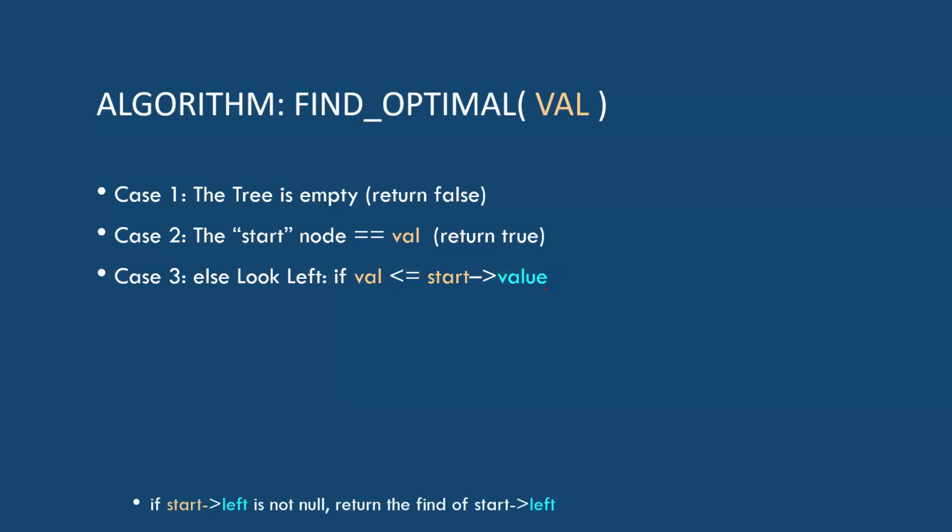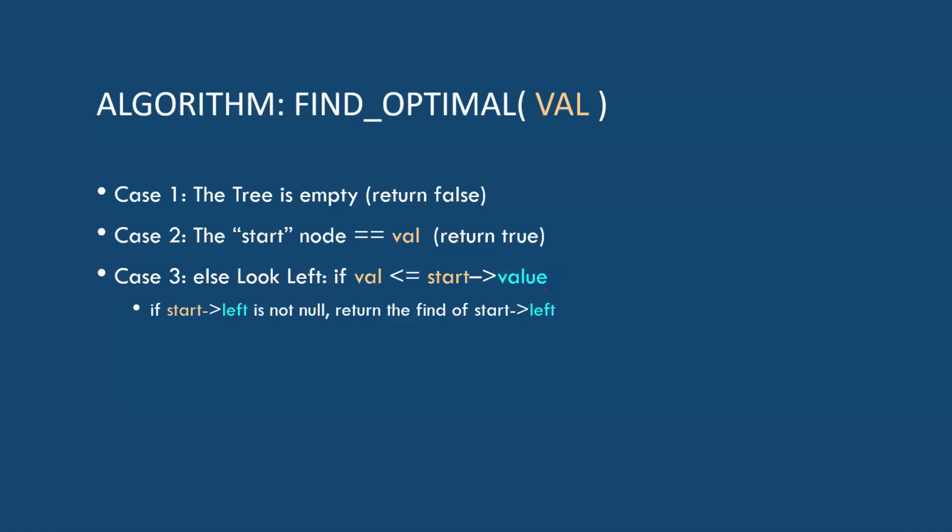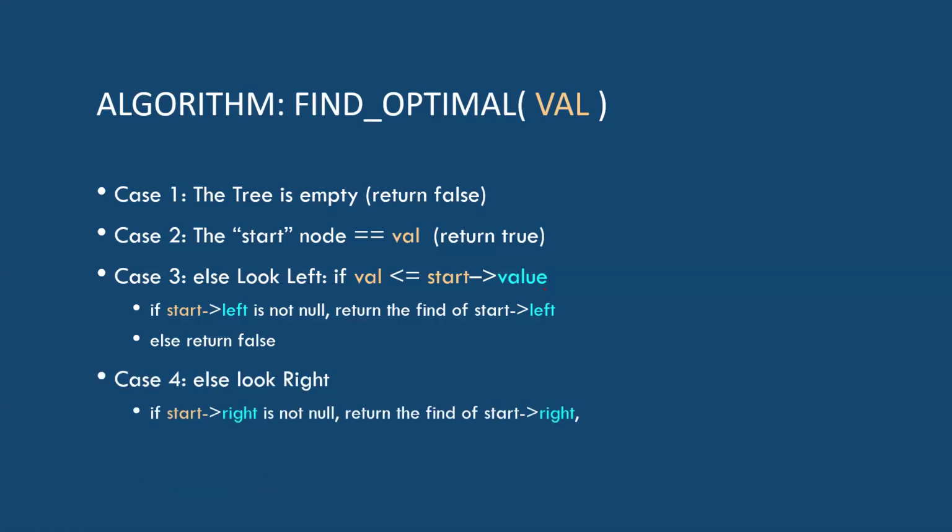It's not here, guaranteed, okay? So if it's not null, recursively go search. Otherwise, it ain't here, right? Because it should have been less than or equal to the parent node, but there's no left child to follow, okay? And then the right side is just a reflective version of the same thing on the left.